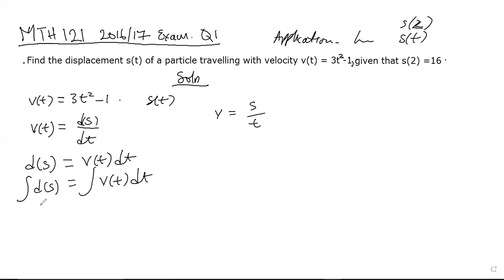The integral of ds will give us s of t, which will now be the integral of 3t squared minus 1, everything times dt. We respect dt.